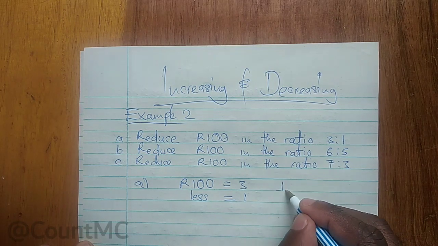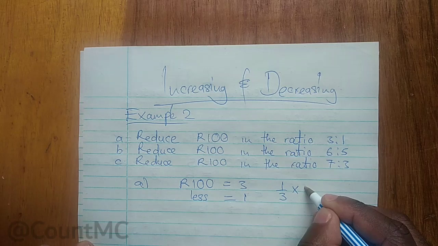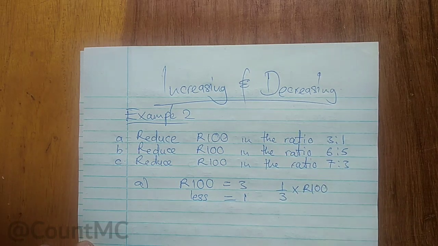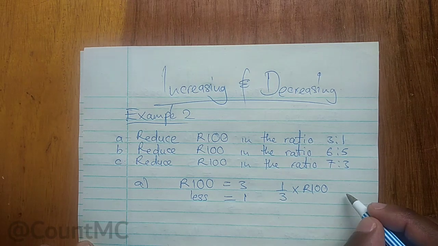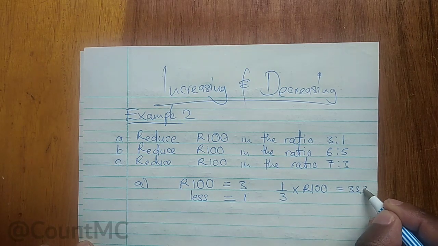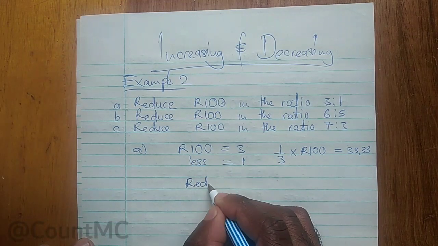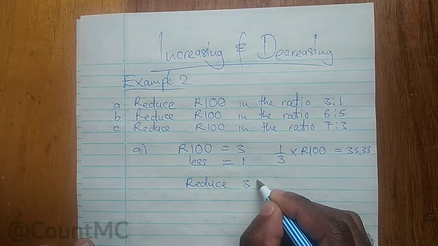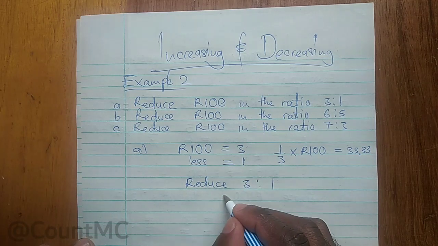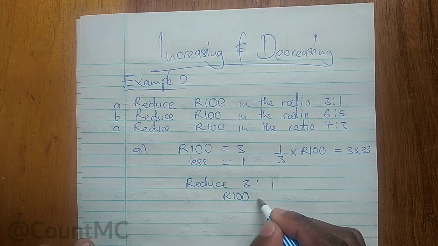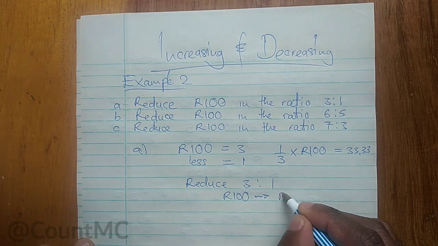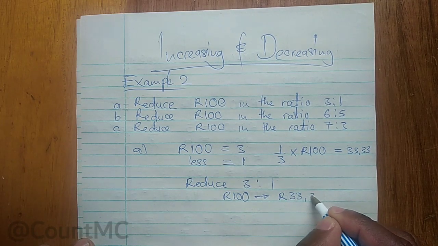When you say less, the smaller number on top times 100. So this will be a third of 100. This will be 33.33. We said reduce 3:1. So your 100 Rand was reduced to 33.33 Rand.